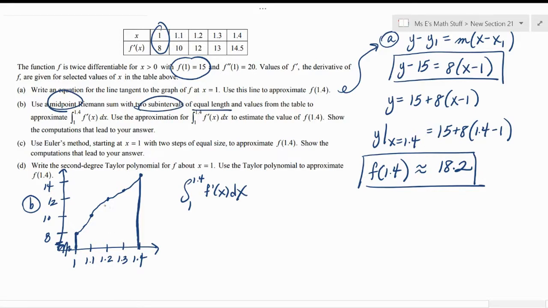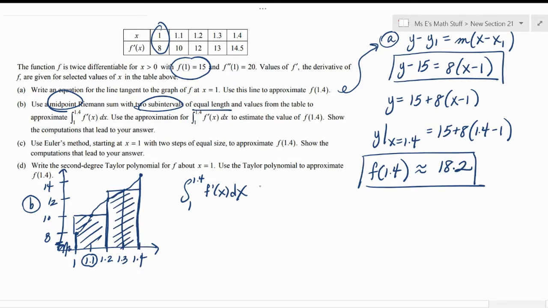So I'd split 1 to 1.4 into 1 to 1.2 and 1.2 to 1.4. Midpoint sum means that to get the height, you plug in the midpoint of the subinterval. So plug in 1.1, and that would be the height of that first rectangle. Plug in 1.3, and that would be the height of the second rectangle. That's a midpoint sum with two equal subintervals.